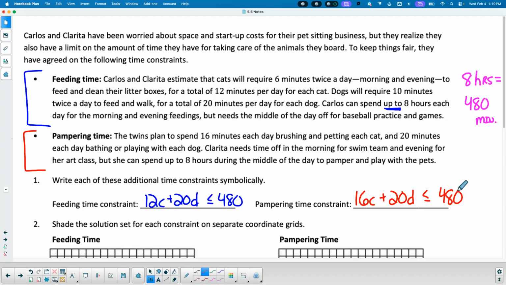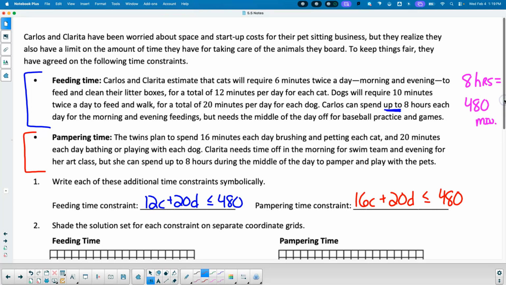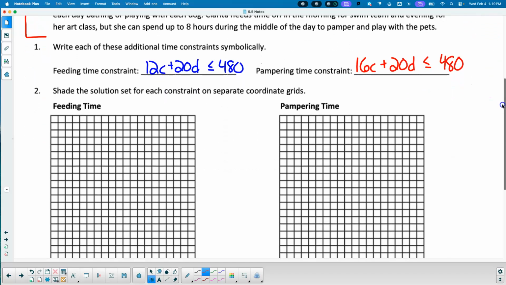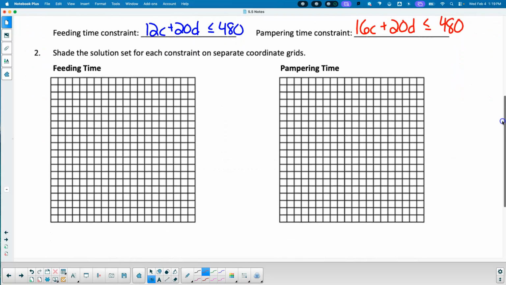Okay? All right. Now, what it's saying down here is that they want us to graph those on here. So let me ask you this question. If we set up our Cartesian coordinate system, our X and Y axes, do we need to have negative values on either one? Why not?